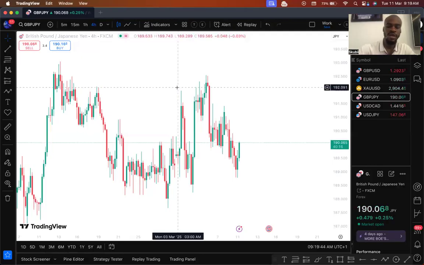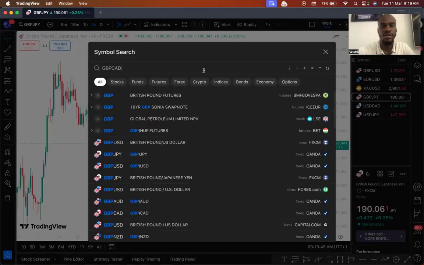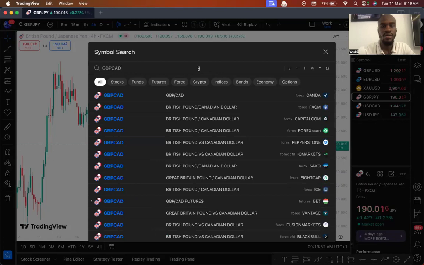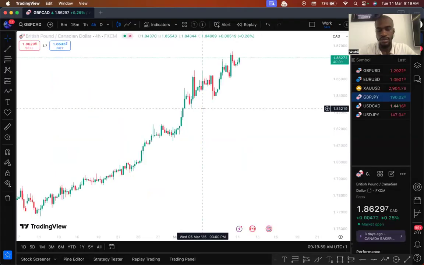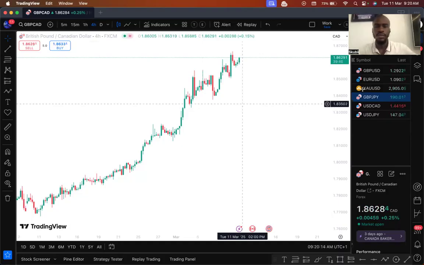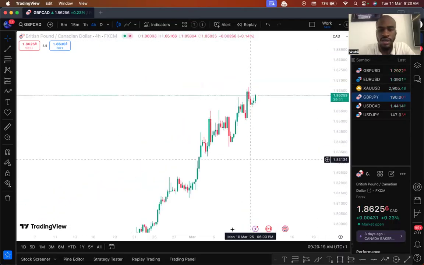So let's look at GBP card. Better Life wants us to look at GBP card. Okay, so this GBP card clearly has been in an uptrend.